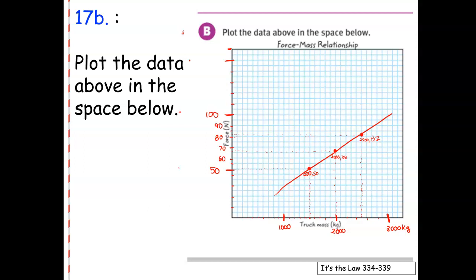So then we go on to part C, which says, how does the amount of force needed to accelerate an object relate to an object's mass? State your claim and use the graph as evidence. And so one thing you have to say is that as you increase the mass, what happens to the force?